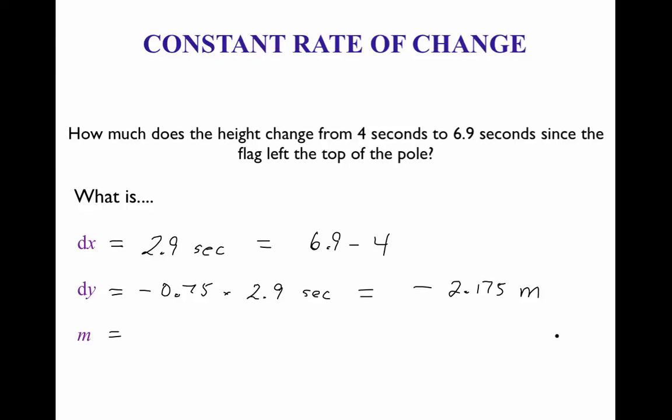So this is the kind of mistakes that students frequently make. Saying, oh, that means that here's the top, so it's down 2.75 from the top. Those previous equation. So instead, what does that number mean? The change, right? The change in height from 4 seconds to 6.9 seconds. It's not a value of y. It's how much it changed.